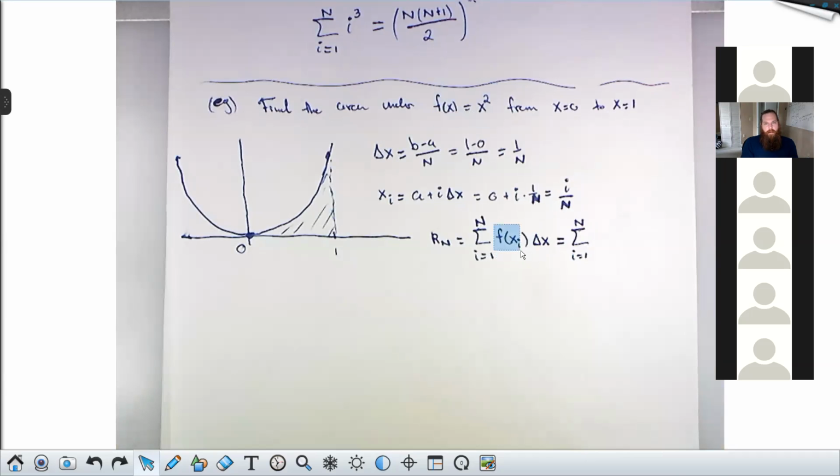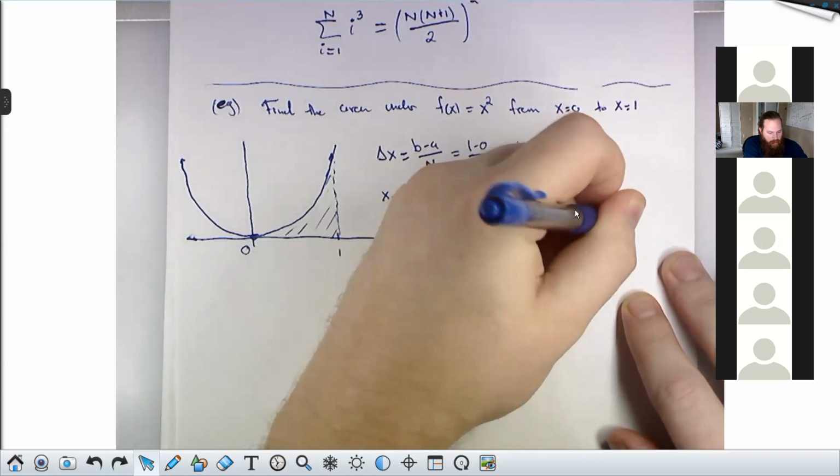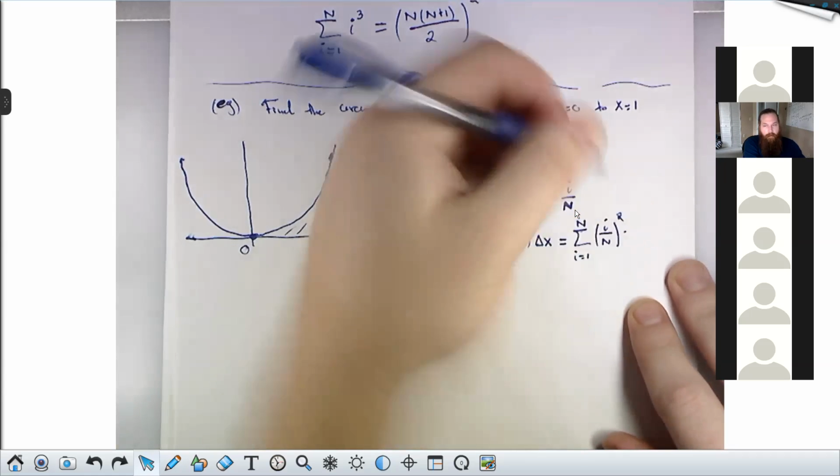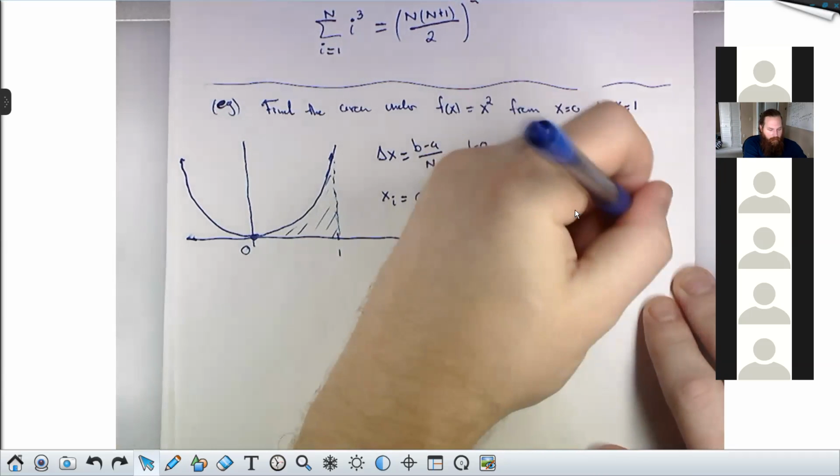So f of xi is xi squared. That's i over n all squared. And then delta x is 1 over n.